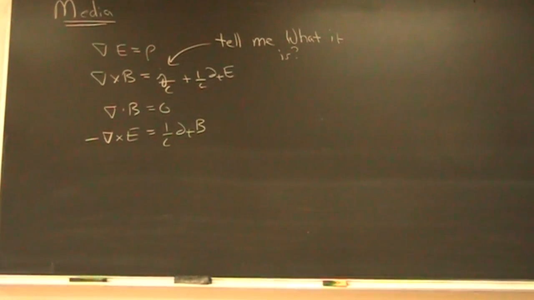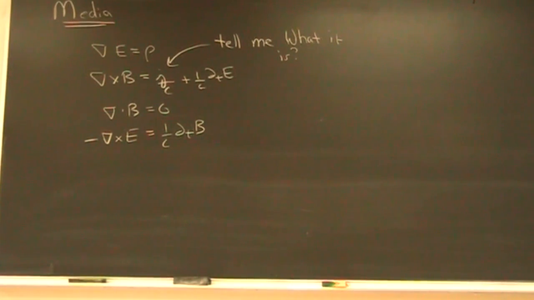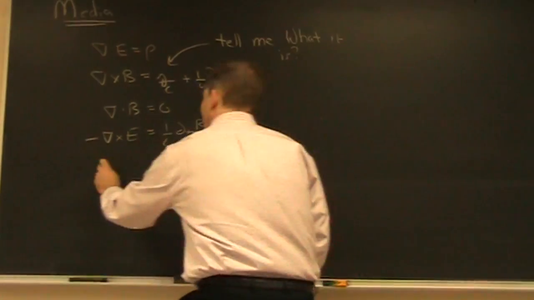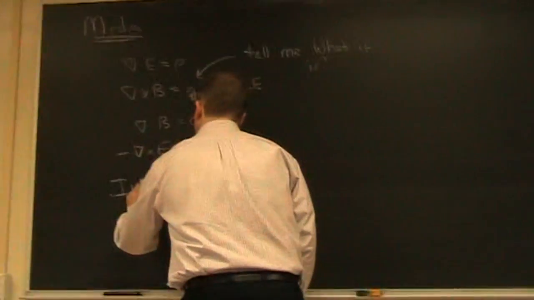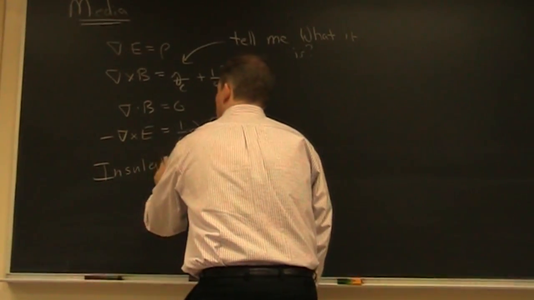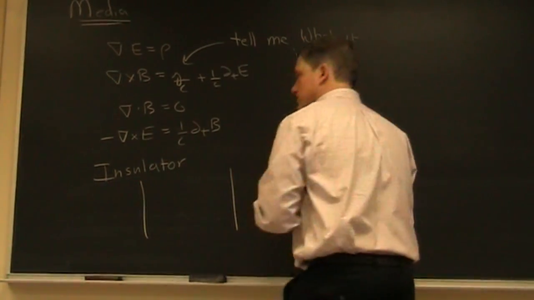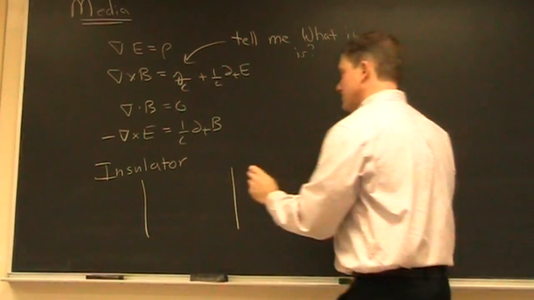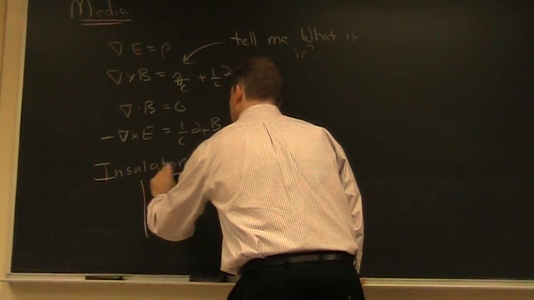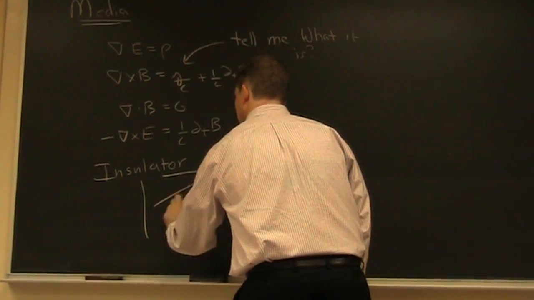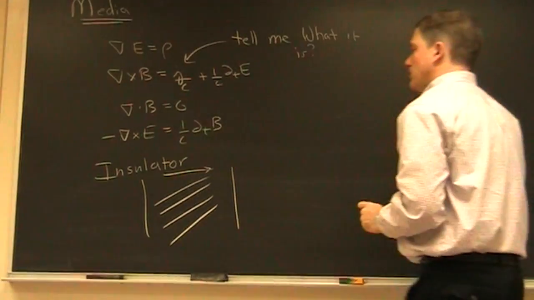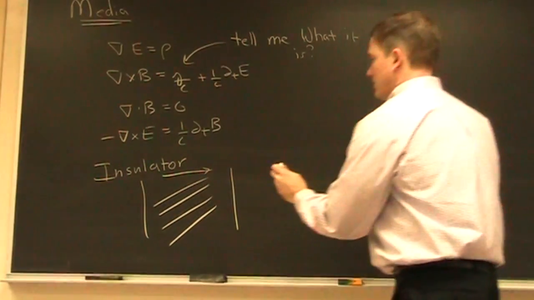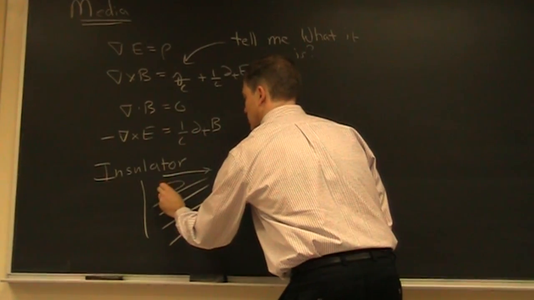So good. So how can we do that? Well, first you need some physics intuition, right? So for an insulator, we have this picture, which you probably learned as an undergraduate. If I have a parallel plate capacitor, and this is some electric field here, then we have this picture of the dipole moment.